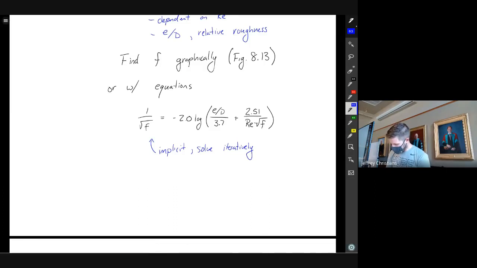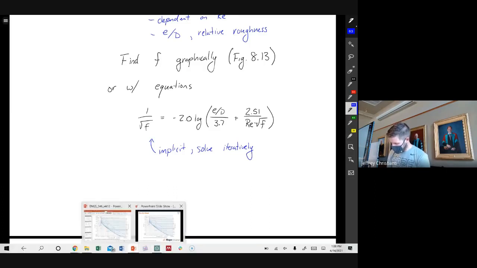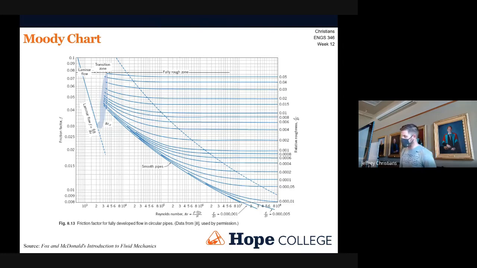Let me pull up that chart. So this is the Moody chart. I think, did I show this briefly last time? What you're going to do is find Reynolds number, like, where are you along the bottom? Then you're going to find the relative roughness of your pipe.